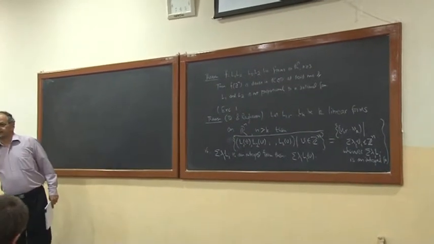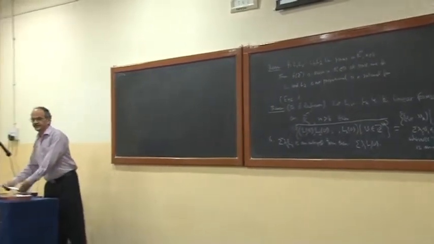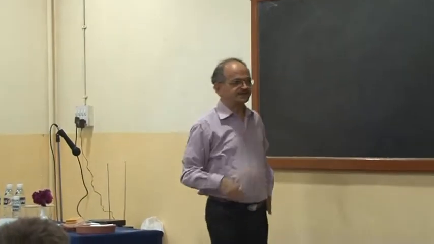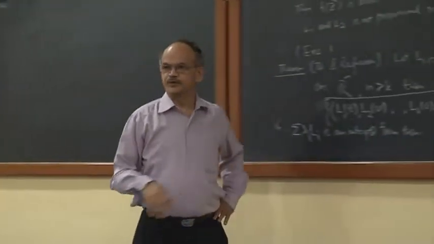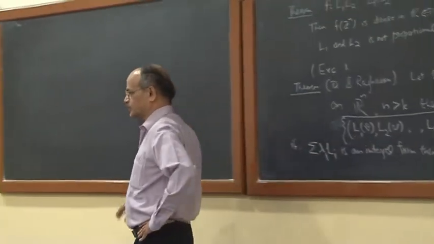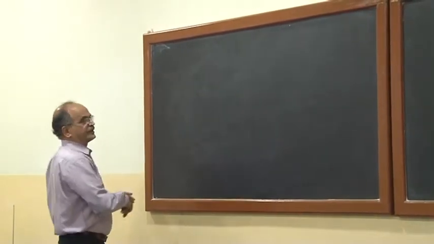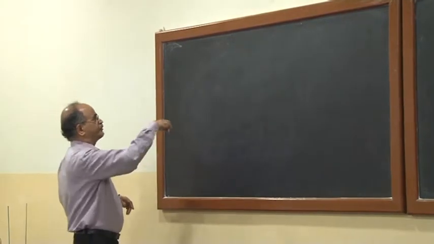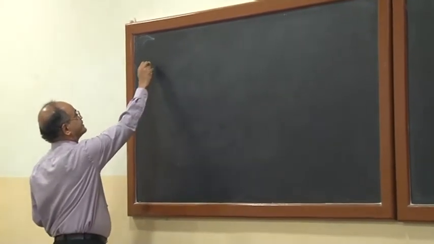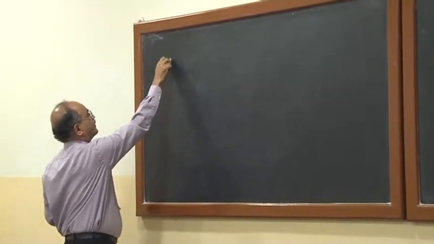Now we are still left with the condition that n is at least 3, and the rest of the talk is going to be about n equal to 2. What happens for n equal to 2? Most of what I'm going to say after this is joint work with Noguera.